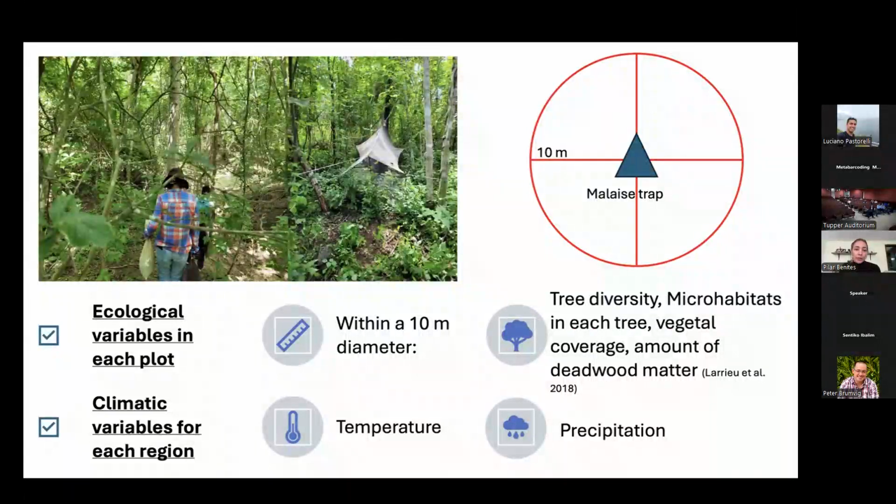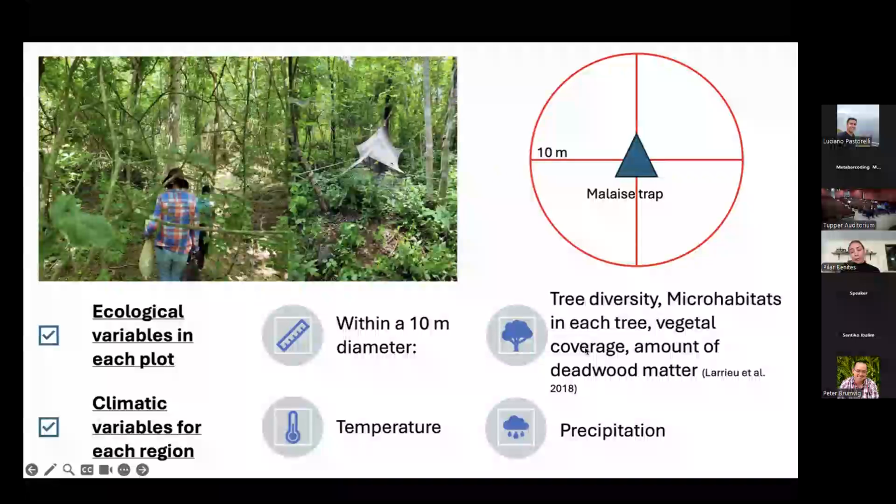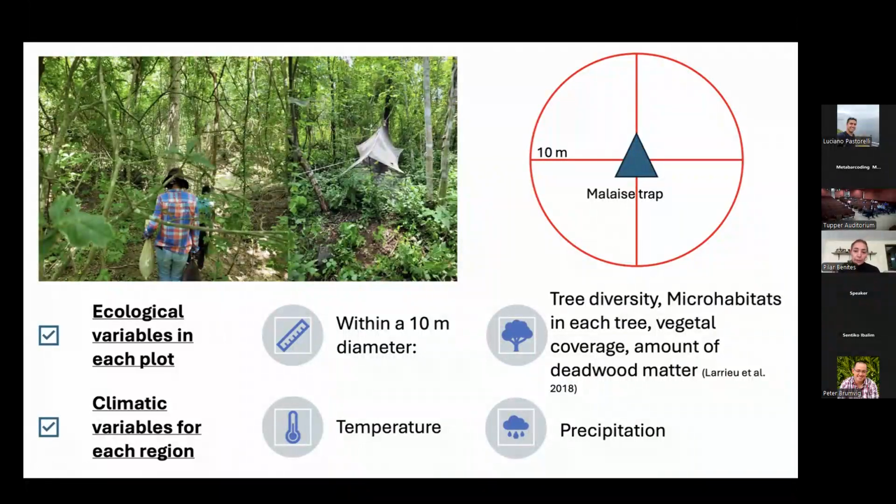So we also, in each plot, took ecological variables. In a circular area of 10 meters of diameter, with the Malaise trap in the center, we measured every tree with perimeter at breast height higher than 20 centimeters.